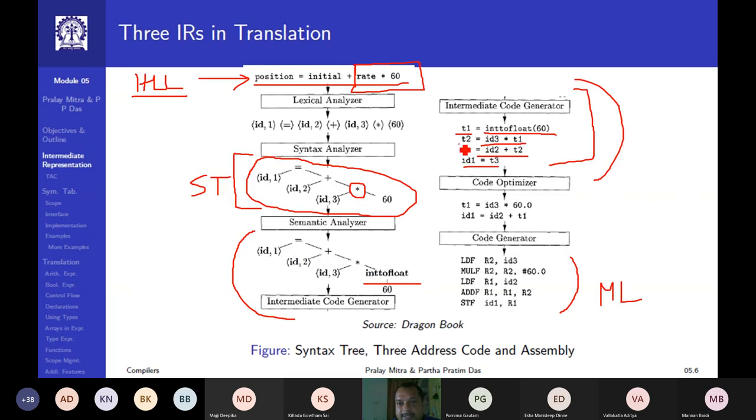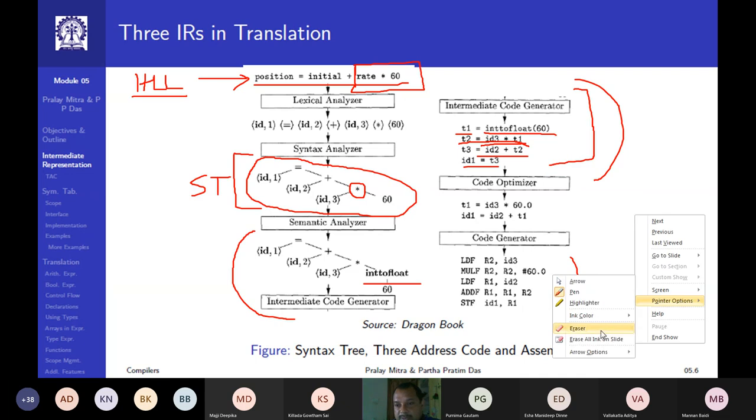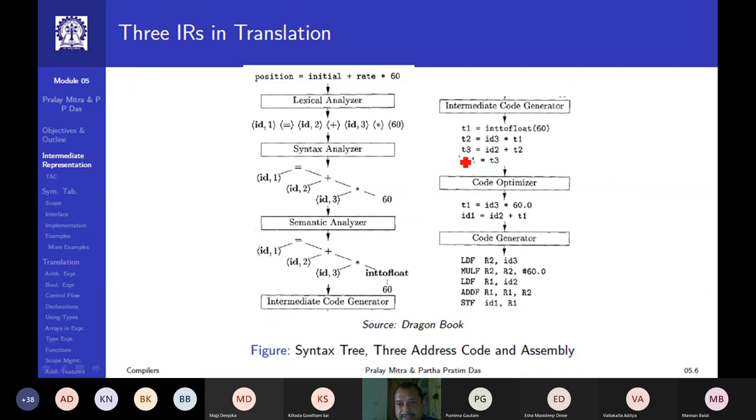When the expression is of this nature, say T3 equals ID2 plus T2, then you see that this statement can directly be translated to some machine language. So I can write add ID2 T2, then these two will be added.